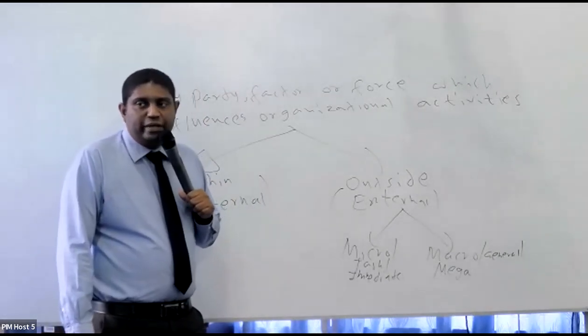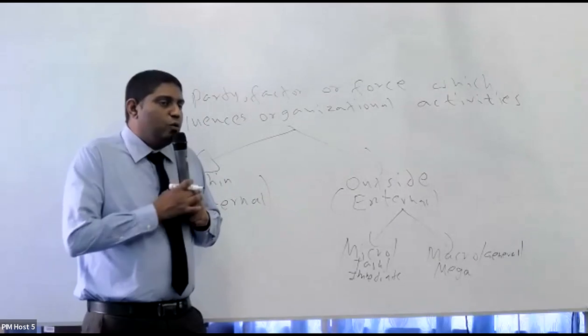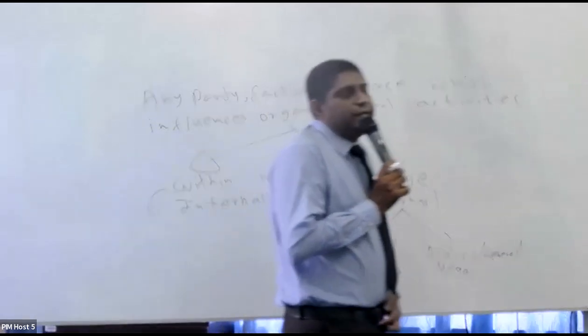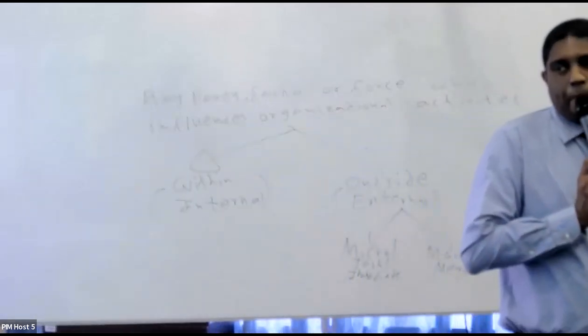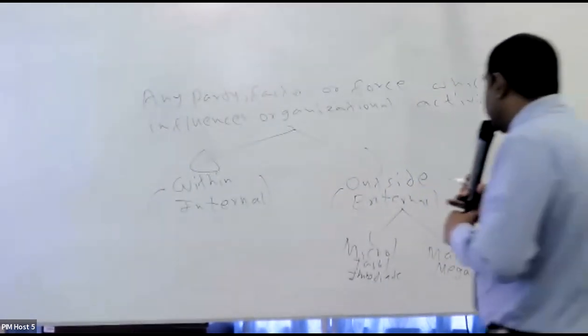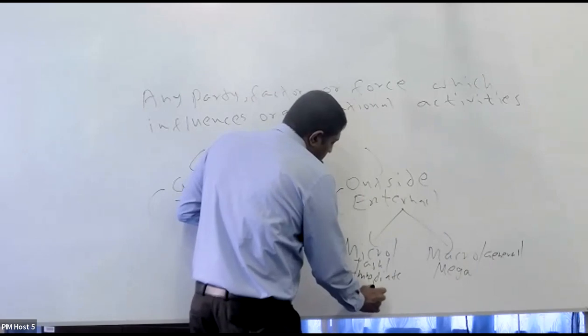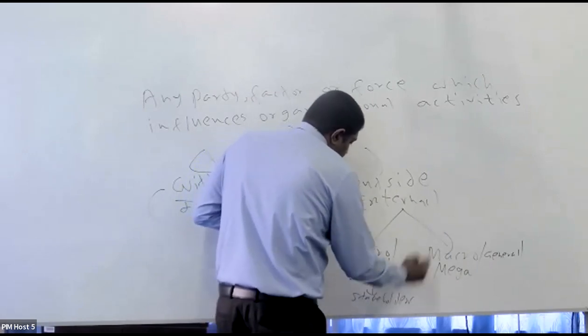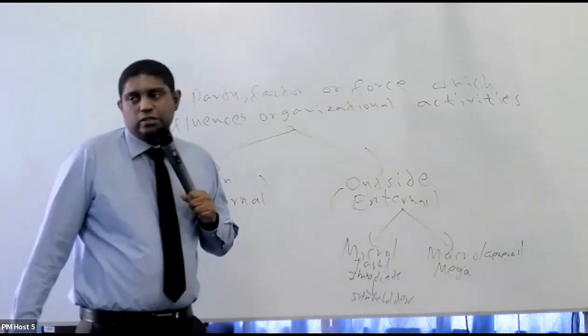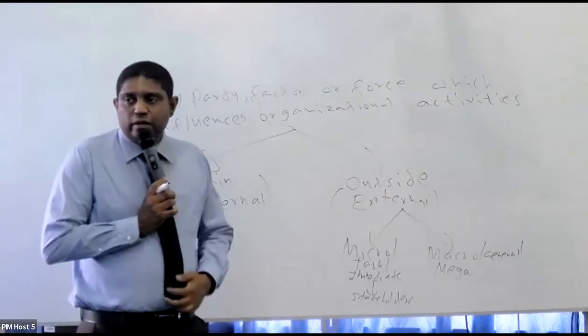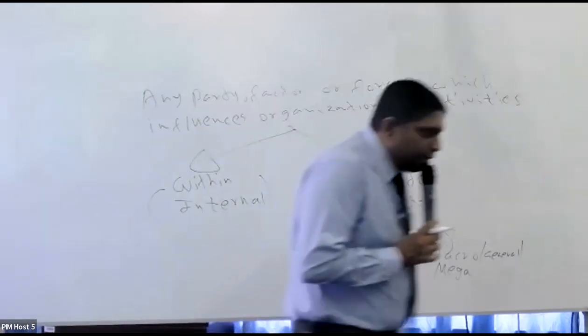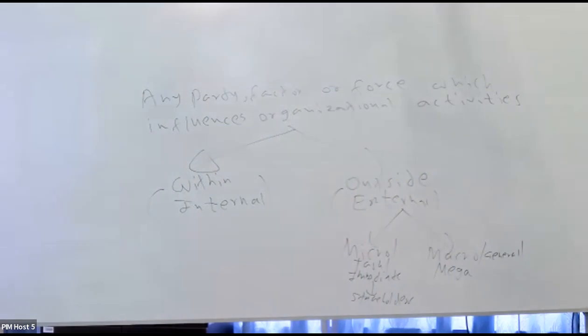Here, mainly we look at the stakeholder part. Who is a stakeholder? A stakeholder means any party who has an interest in the organizational activities. They are concerned about what is happening within the organization.